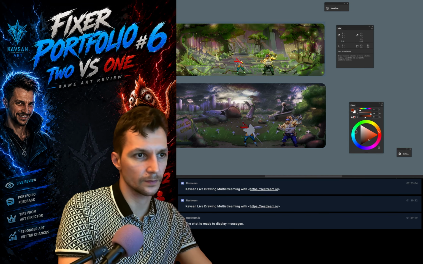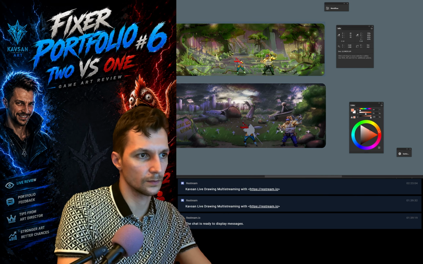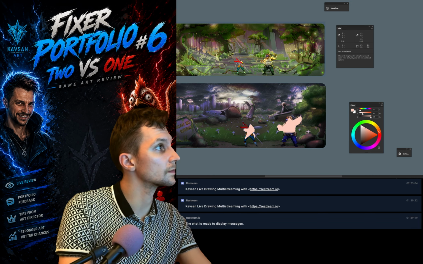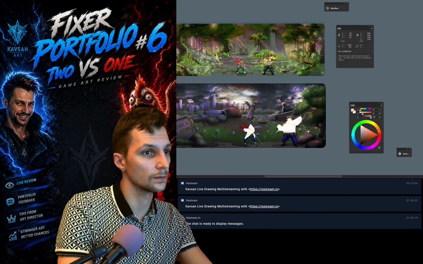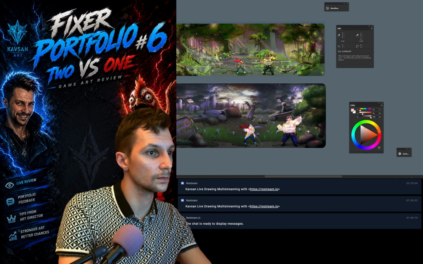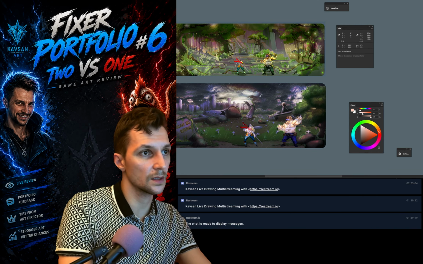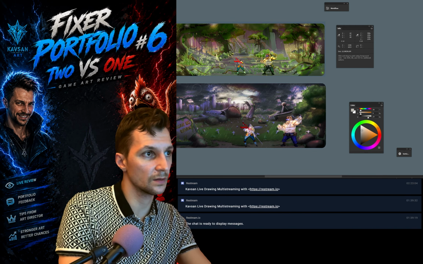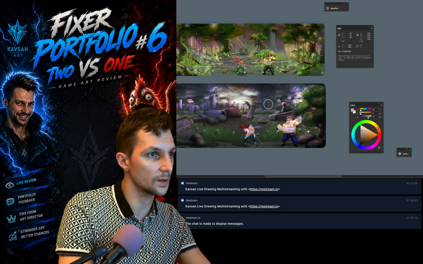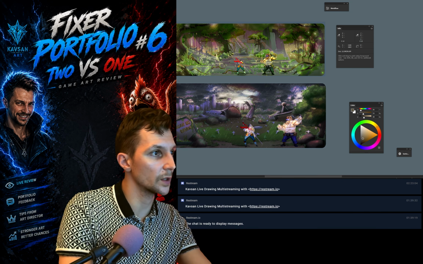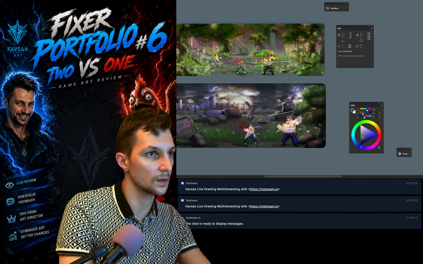So these guys are the main, and these clouds are nice, but I don't think that we need them that much. Just make those a bit darker, a bit less glowy, not overbrightened.